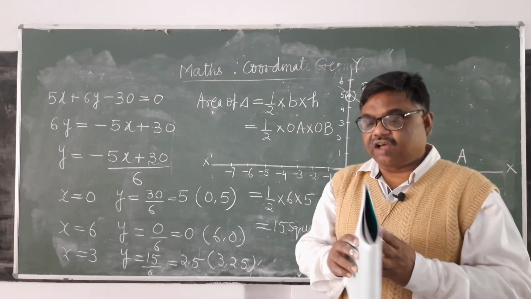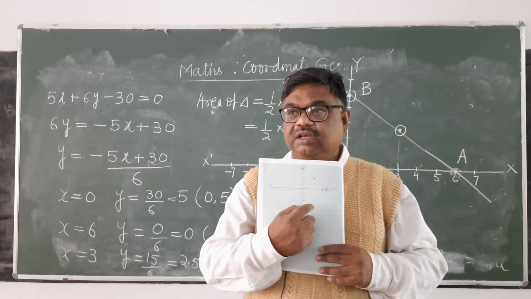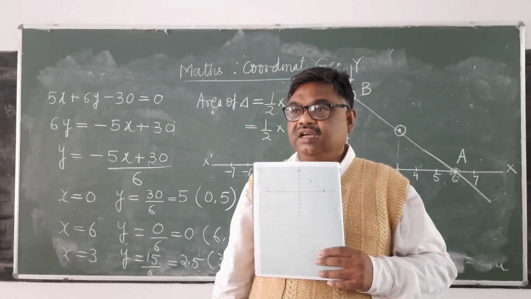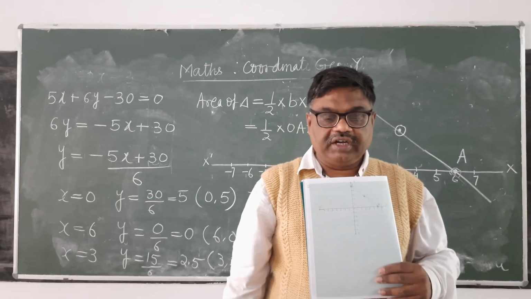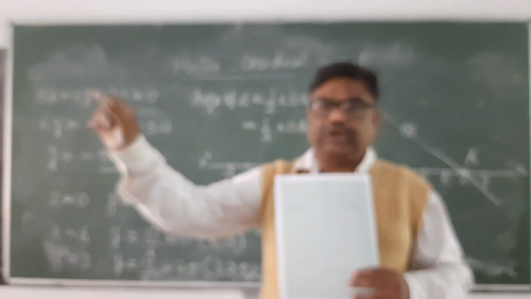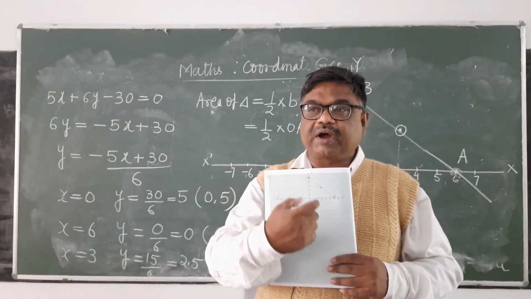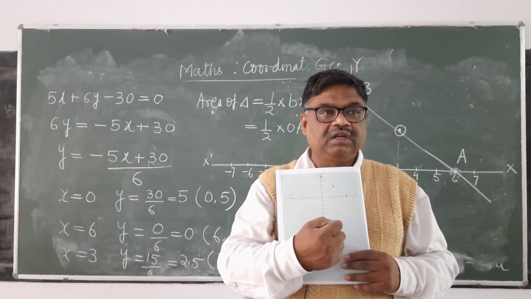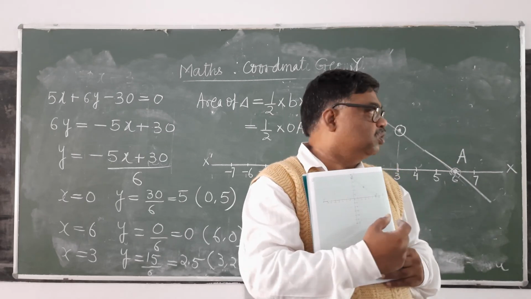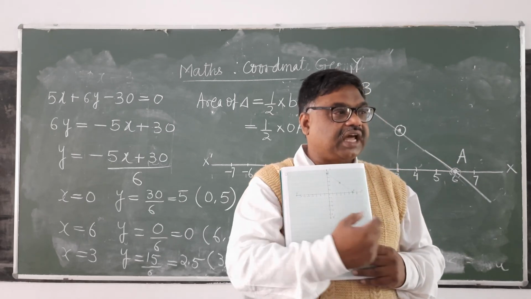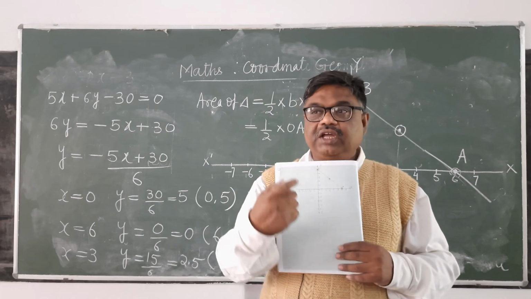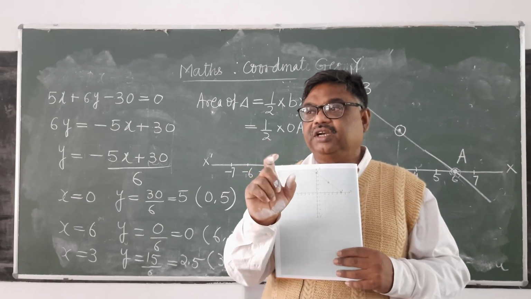Right now in the graph we are writing 1 after every 1 centimeter. Now what will you do when it is given 2 centimeter equals to 1 unit? After a gap of 2 centimeter you will write 1, then next 2 centimeter 2, then next 2 centimeter 3, like that. You will keep the gap of 2 centimeter.